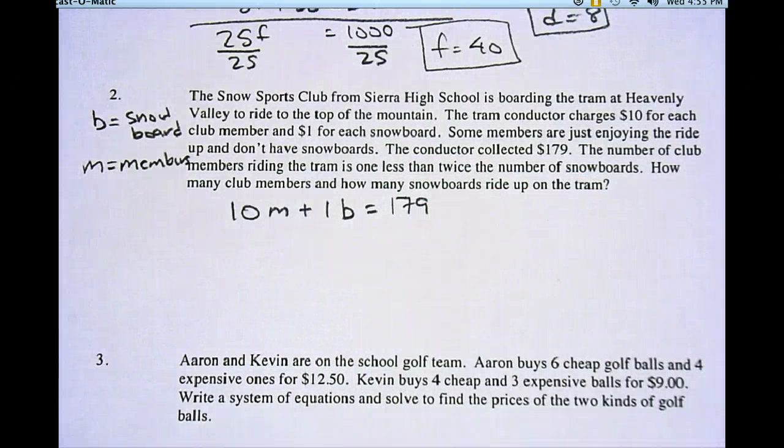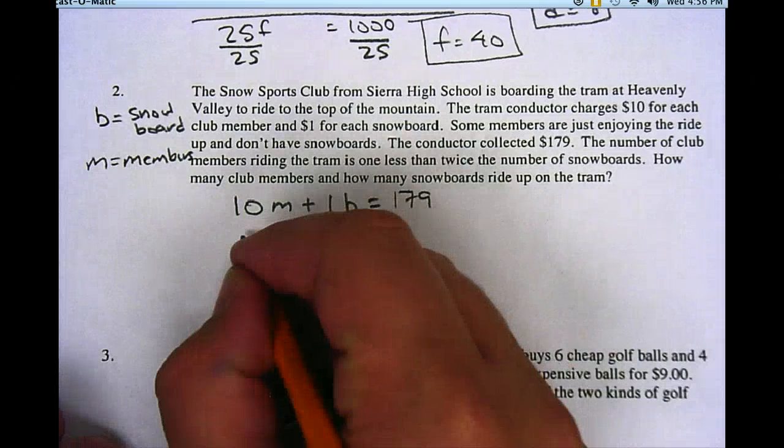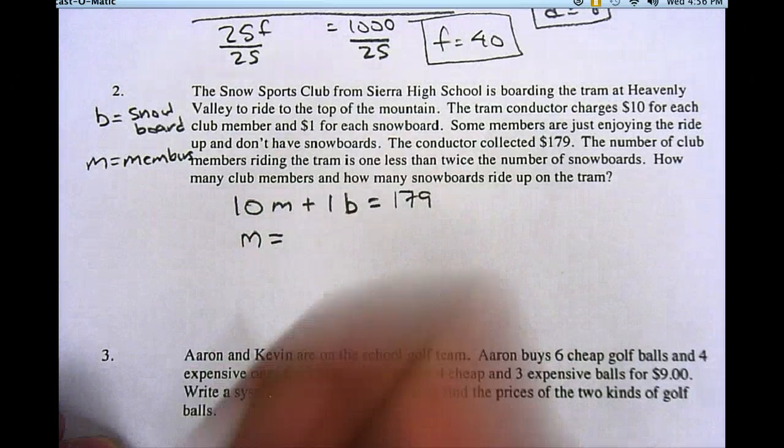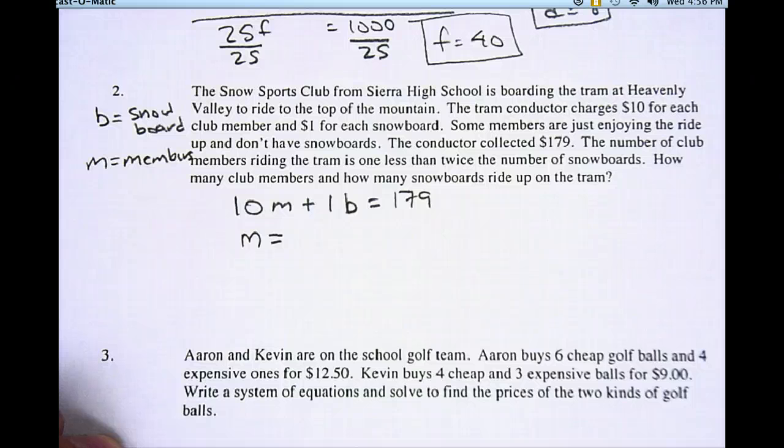So that's one of my equations. The second equation comes from the last part of this. The number of club members riding the tram is one less than twice the number of snowboards. Well, when I see the word "is" in math, that's the same thing as equals. So I can write that as M equals one less than twice the number of snowboards.